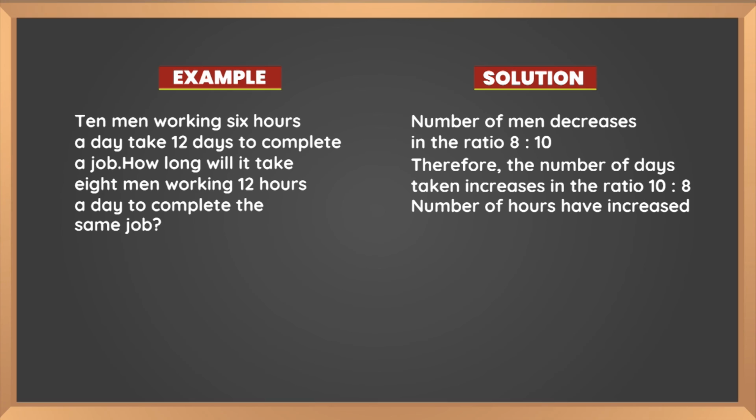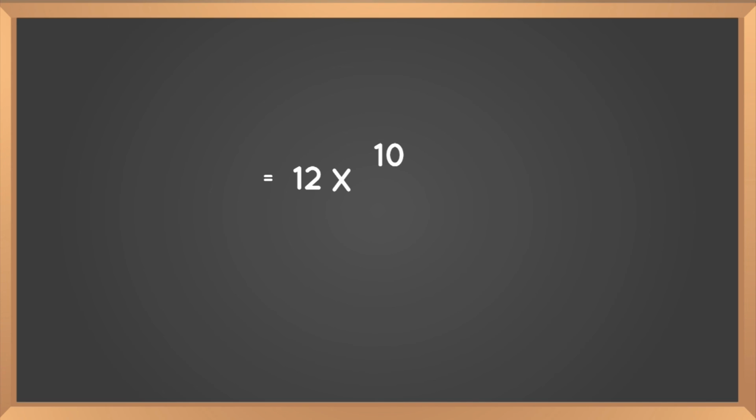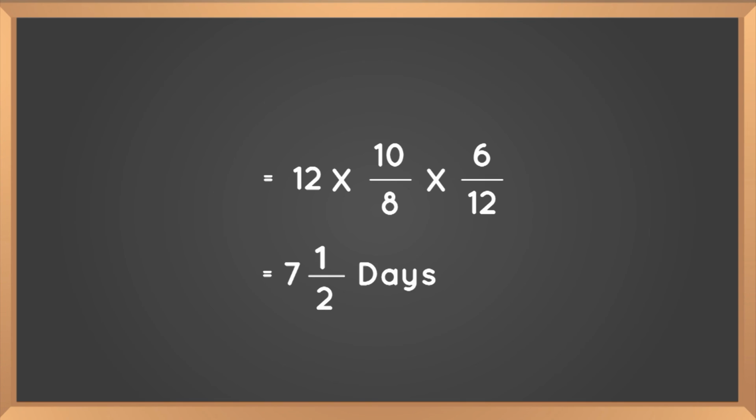The number of hours has increased in the ratio 12:6, and therefore the number of days decreases in the ratio 6:12. So the number of days taken will be 12 times 10/8 times 6/12 to give us 7.5 days.